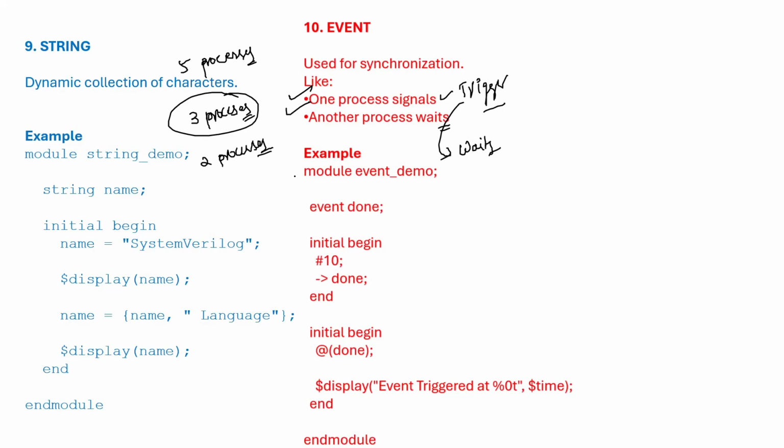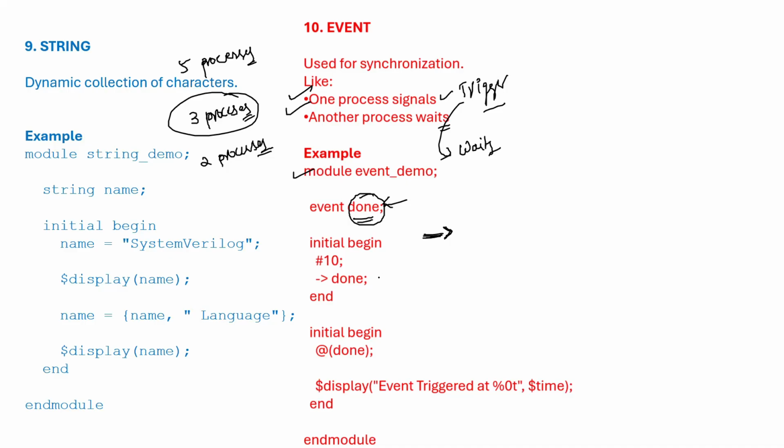See, module event demo, I'm taking done here. Done is the event here. This done is my variable name. Two symbols we are using: hash and hyphen implies, which is like an arrow marker.